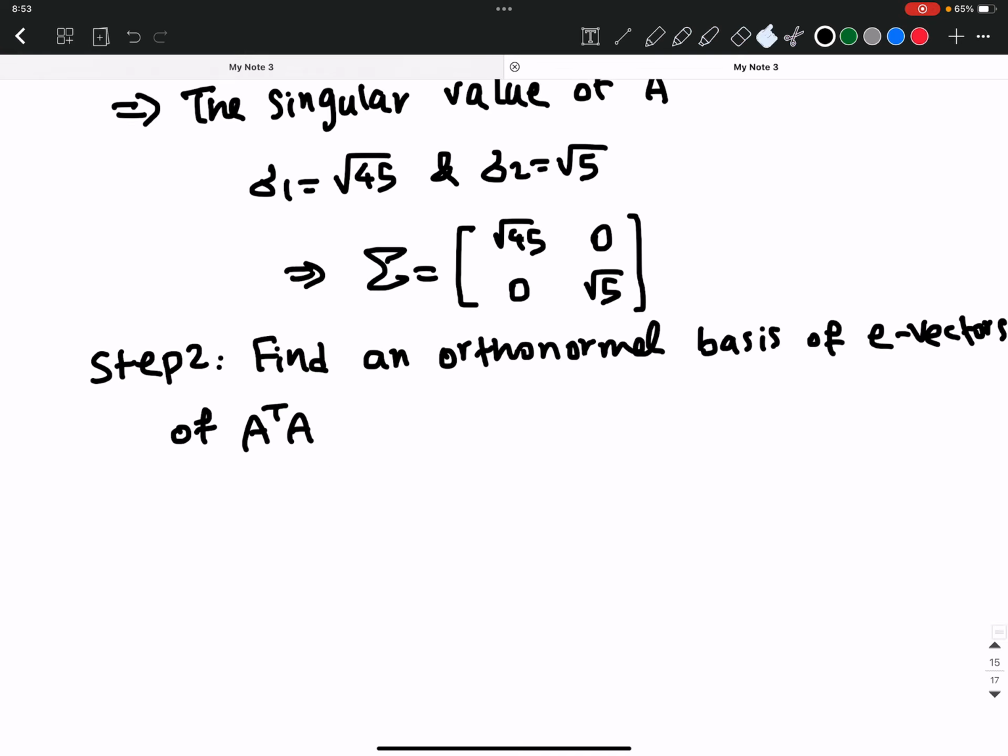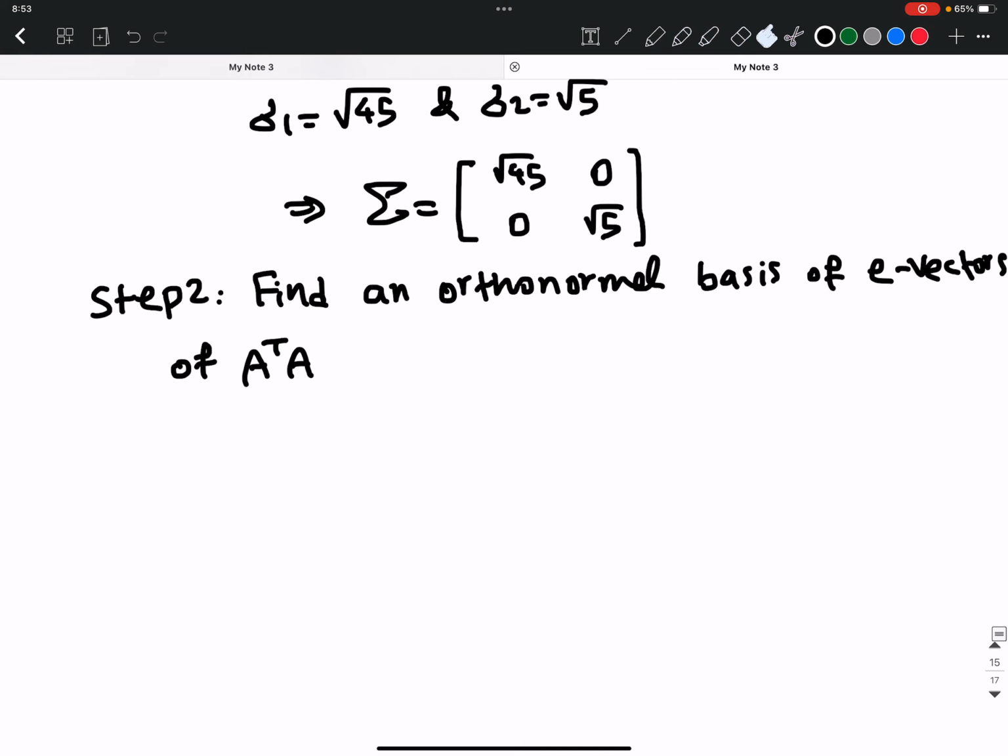We need to keep that in mind. That is how the SVD is actually constructed. So let's start finding that.